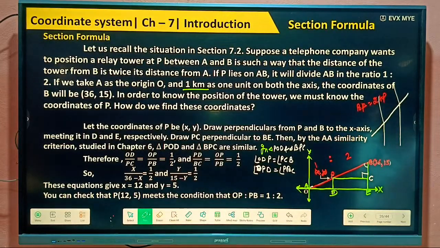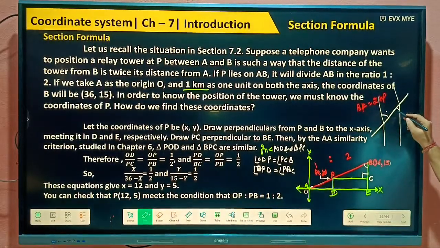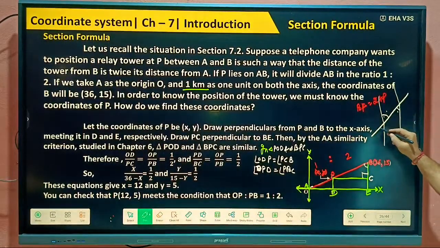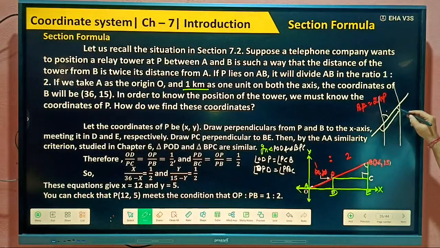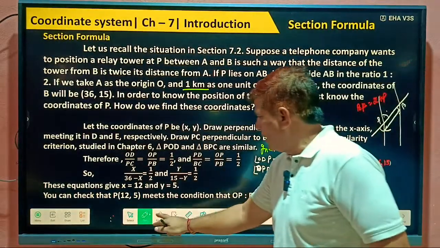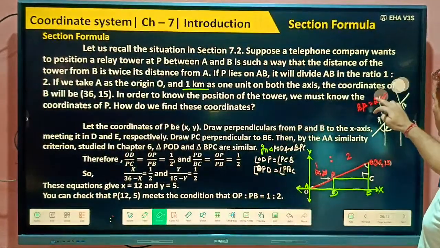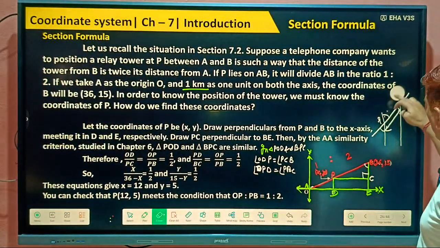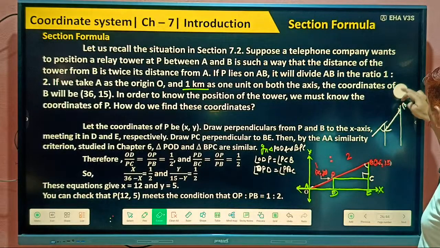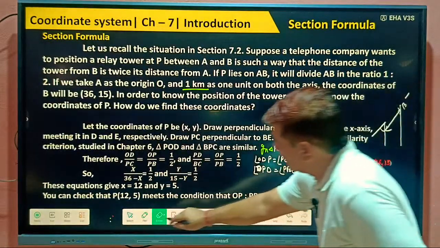So this angle equals this angle, and this angle equals this angle, so these two angles become equal. This is the point P and this is the point B. This is not written in any book, so try to understand it. The situation is like this.